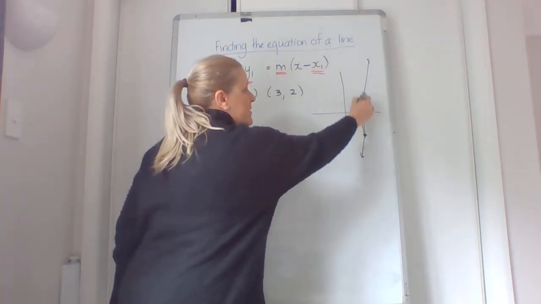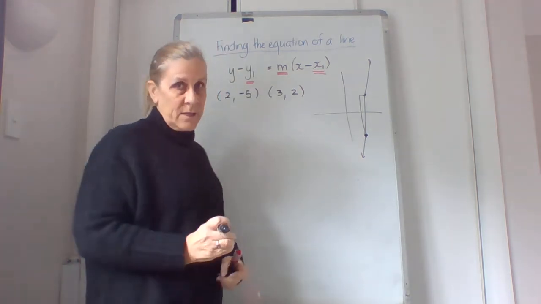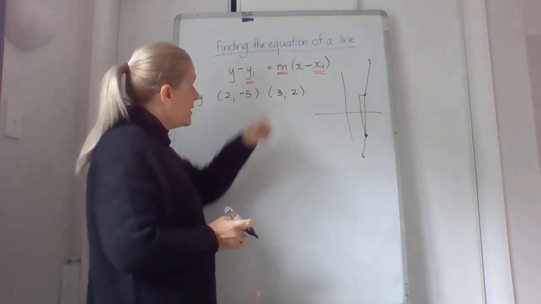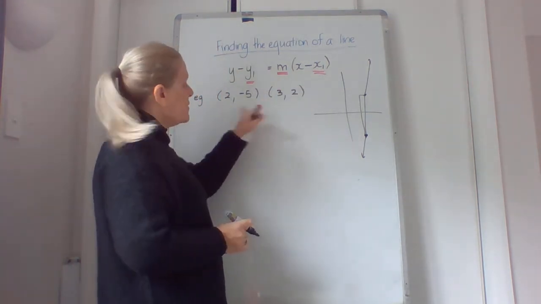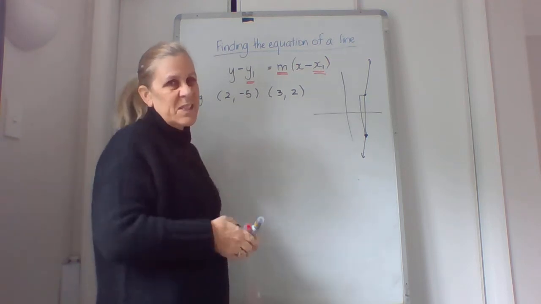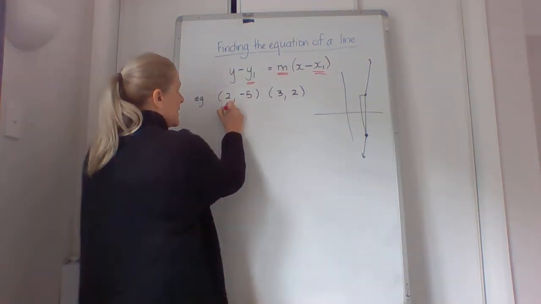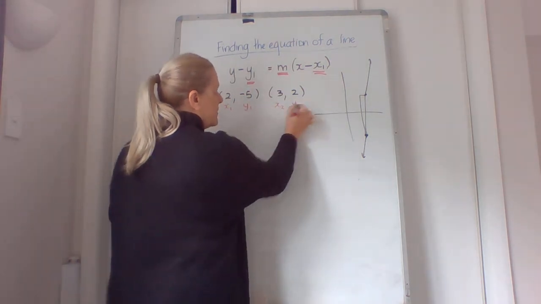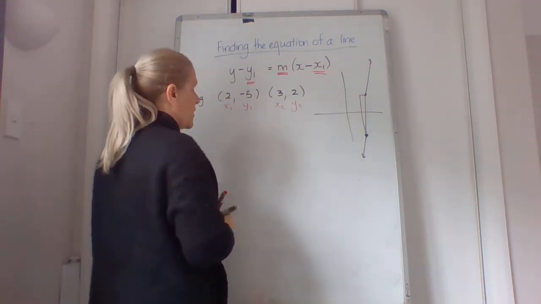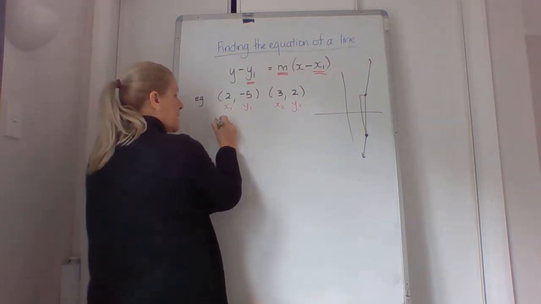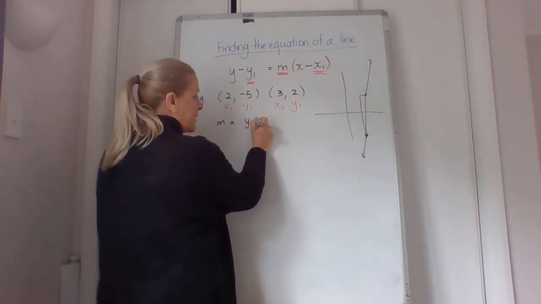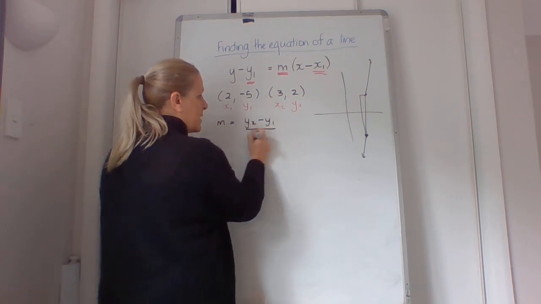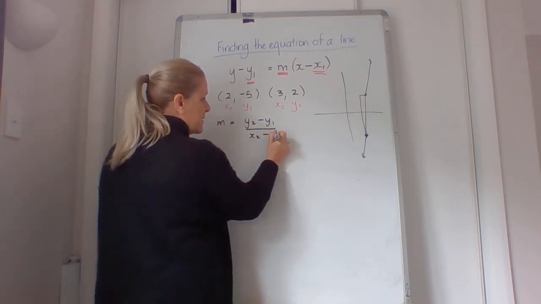We're looking for this gradient, so we use our gradient formula to find the gradient and put it in for m, and then we can use either one of these points, but it just makes sense to use the first one. x1, y1, x2, y2. So what have we got? We've got the gradient. M equals the change in y over the change in x.